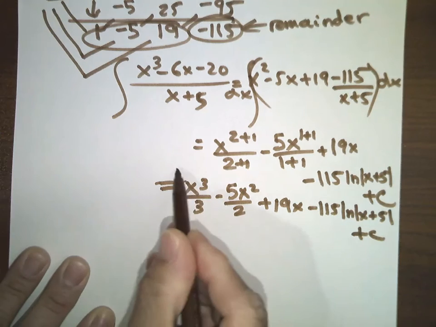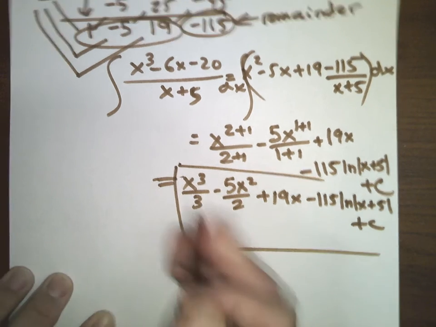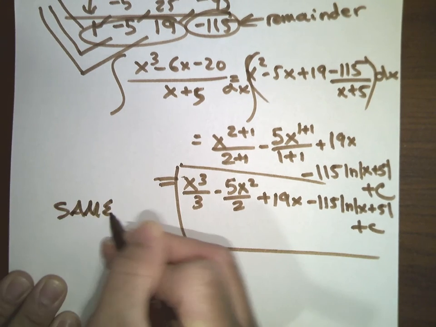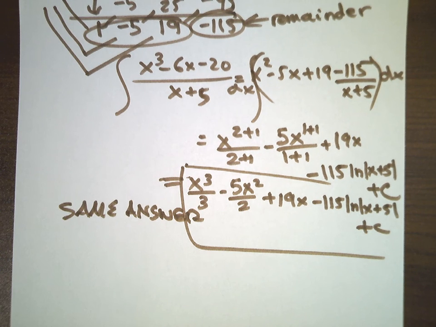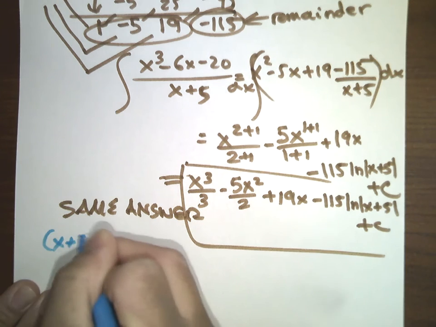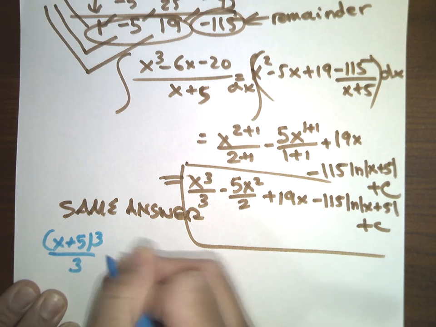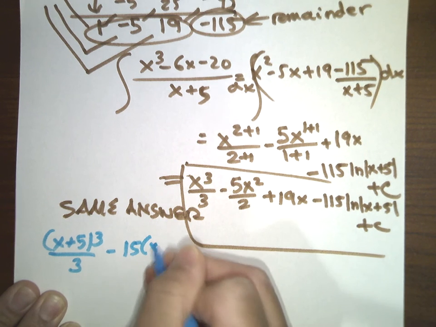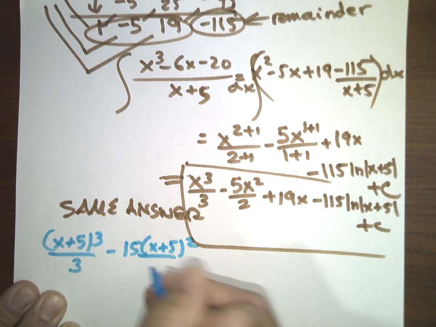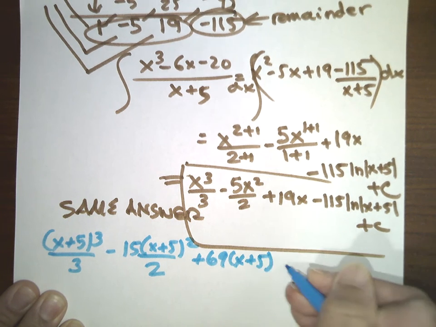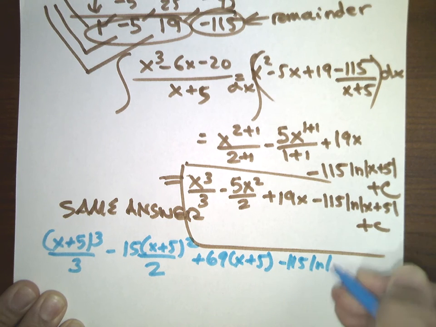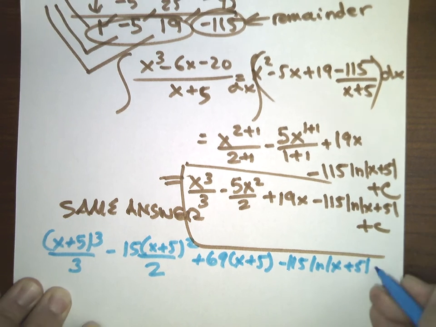Now this is the same answer as what I got before, and what I had before was the x plus 5 to the third over 3 minus 15 times x plus 5 squared over 2 plus 69 times x plus 5 minus 115 natural log of the absolute value of x plus 5 plus c.